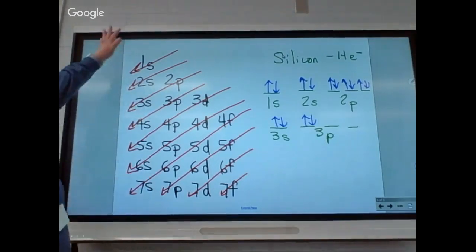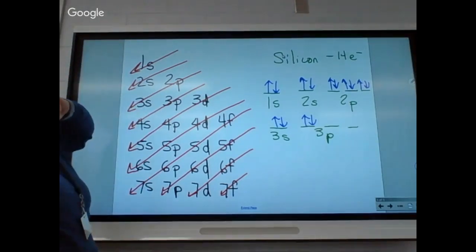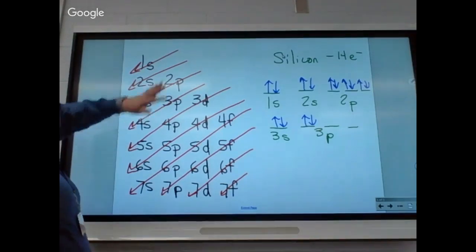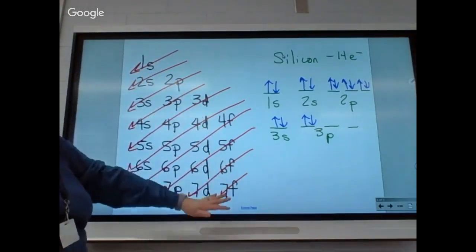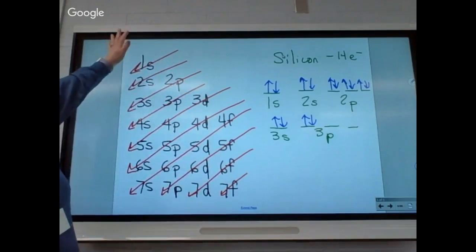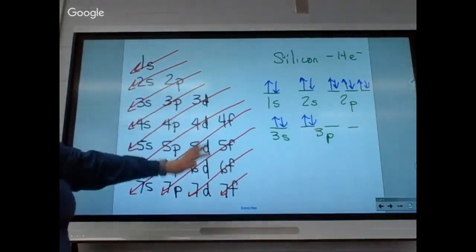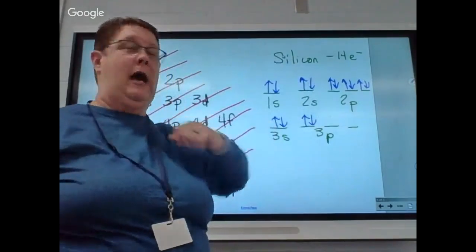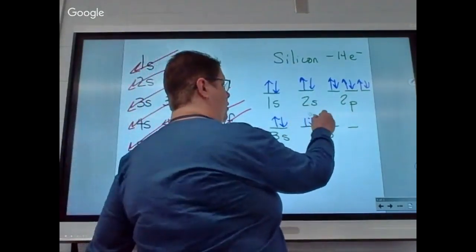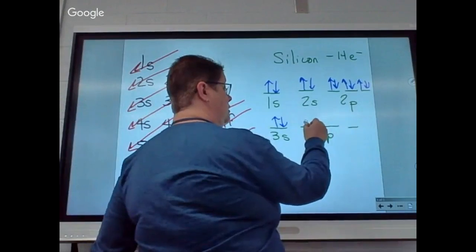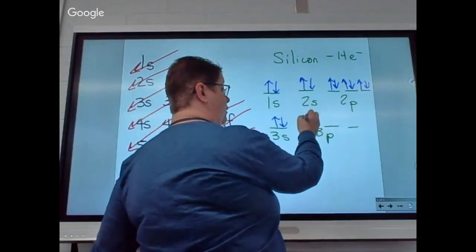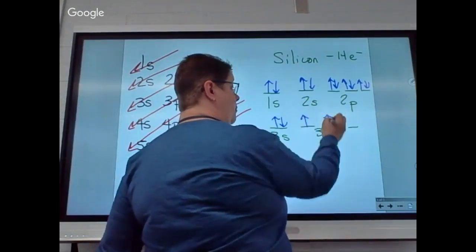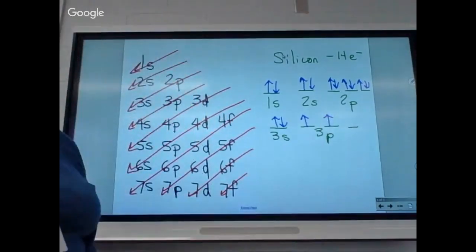It depends on when it falls. It may be the first quiz of the second quarter. Lovely. If you draw it wrong, it will sink you, because you'll do them all wrong. If you draw your arrows wrong, you get them wrong. You've got to remember when you draw the arrows, they fill singularly before they pair up.